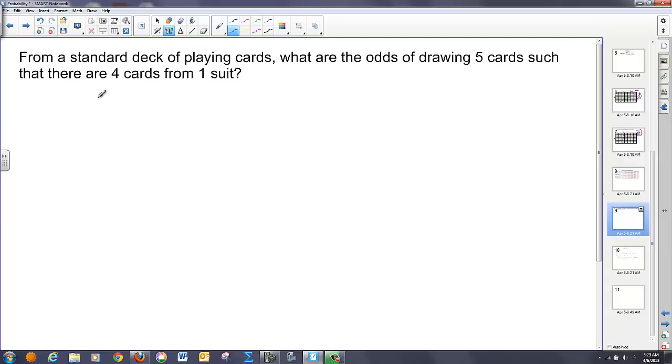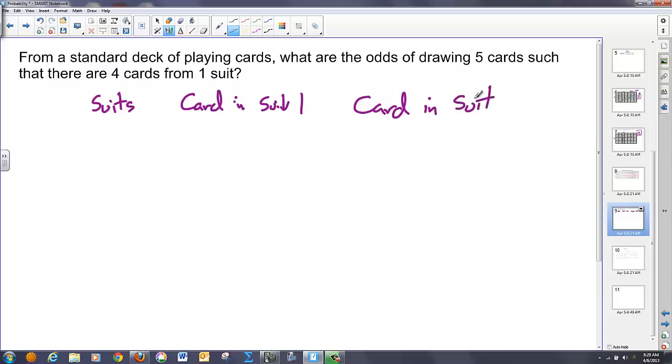Well, in this case, we have groups that relate to suits, groups that relate to cards in one suit, and groups that relate to cards in the second suit. So we've got 3 combinations we're going to have to use.